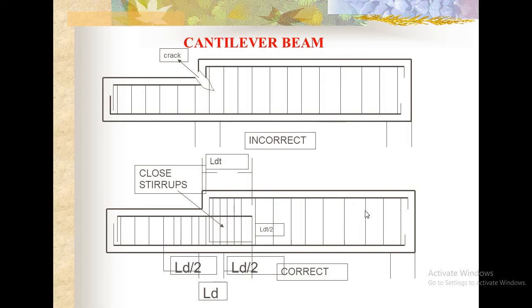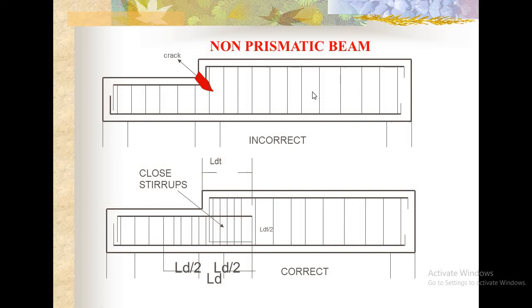Okay, the extent to which you need to provide these lateral ties closer is L by D from the support on either side. Okay, L by D2. Because there is more chance to have a crack here like this one, a red mark.